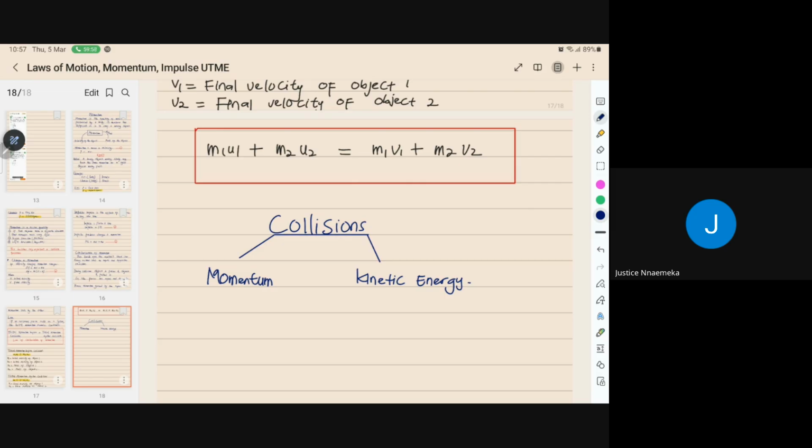These two variables are the physical quantities that describe collision.